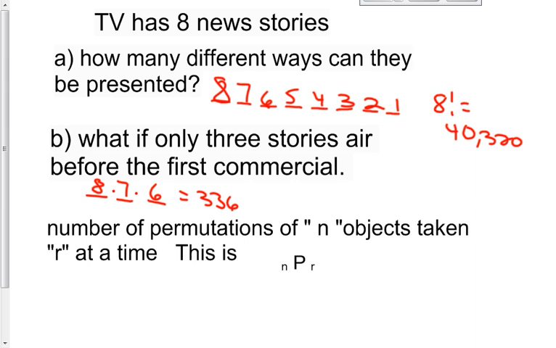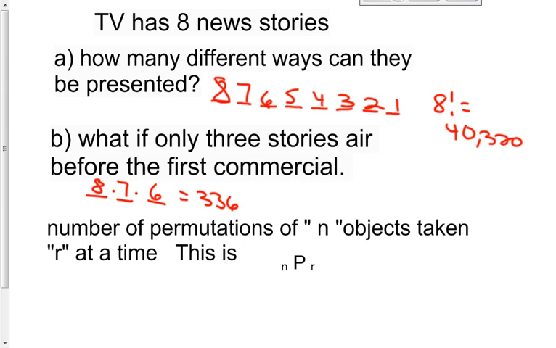This specific amount that I'm doing, the number of permutations of n objects taken r at a time, is a specific formula in mathematics called the permutation formula, and it only applies if I'm doing a certain amount of objects out of a grand total.